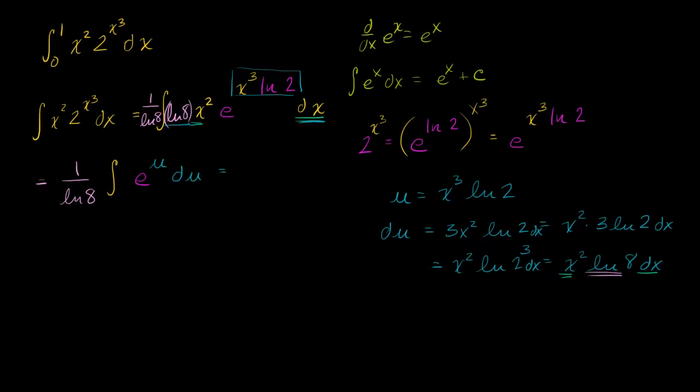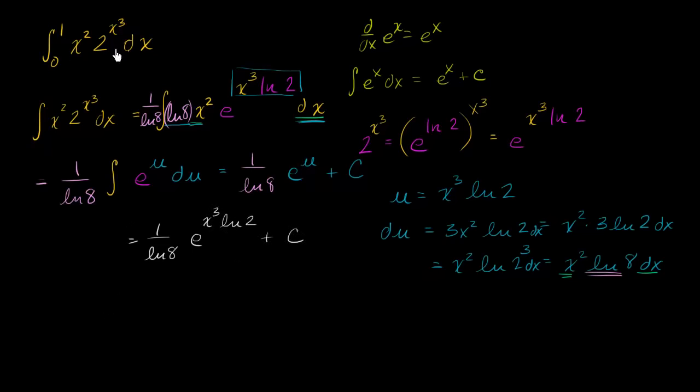This is going to be equal to 1 over natural log of 8 times e to the u, and of course, if we're thinking in terms of just antiderivative, there would be some constant out there. And then we would just reverse the substitution. We already know what u is. So the antiderivative of this expression is 1 over the natural log of 8 times e to the, instead of u, we know that u is x to the third times the natural log of 2. And of course, we could put a plus c there.